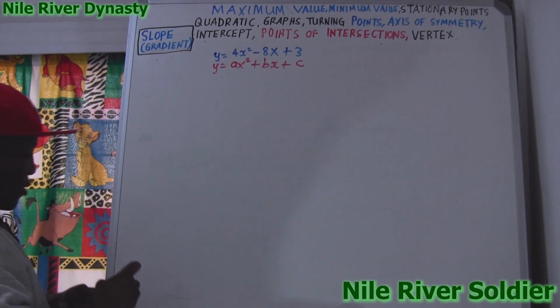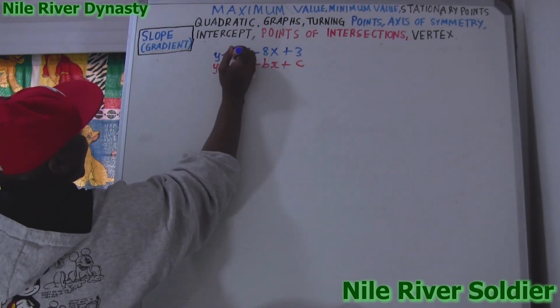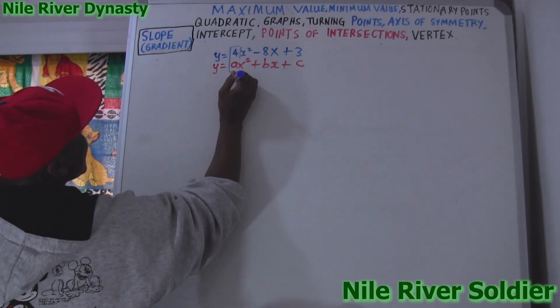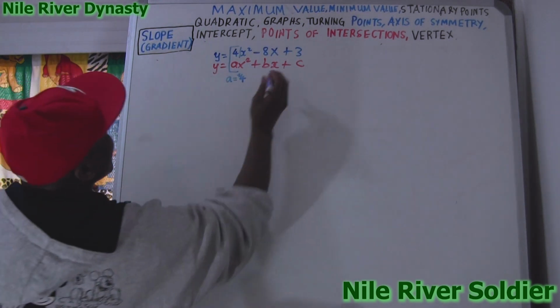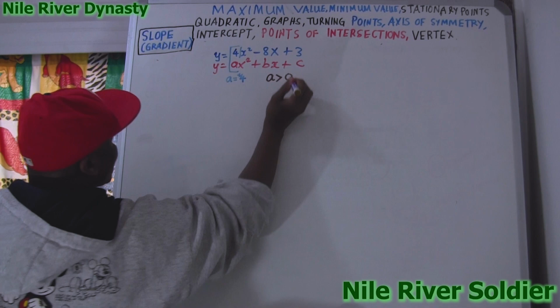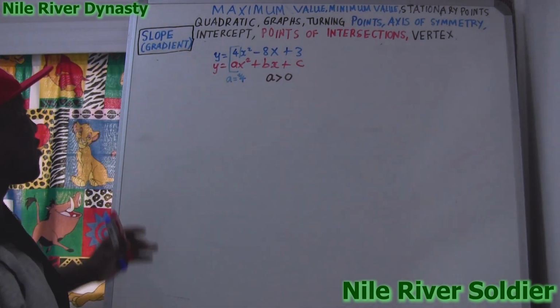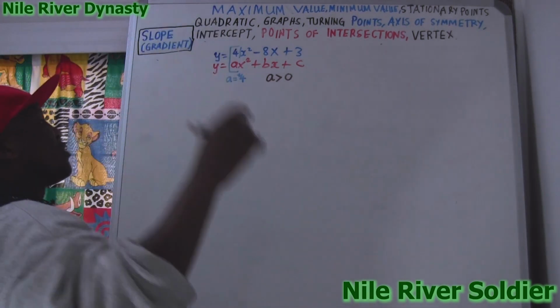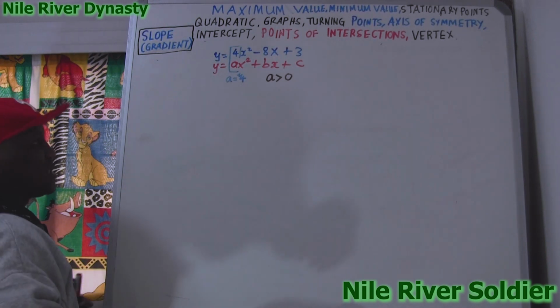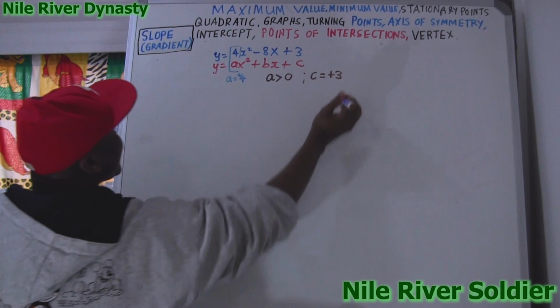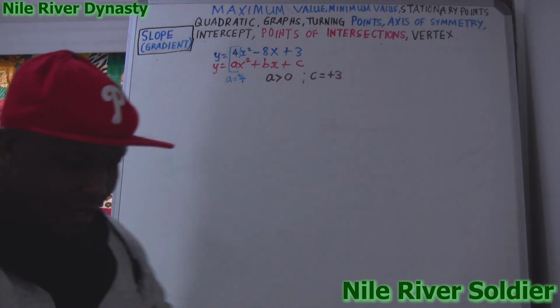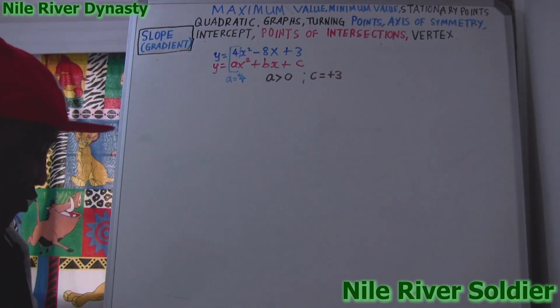So I know my a is equal to positive 4. In other words, the value of a is greater than 0. So before I even get started, I know this graph is going to concave upward because a is greater than 0. My c is positive 3. This c tells me the y-intercept, where the graph is going to cut at y.